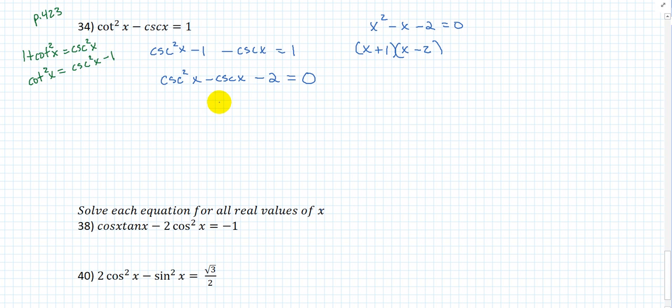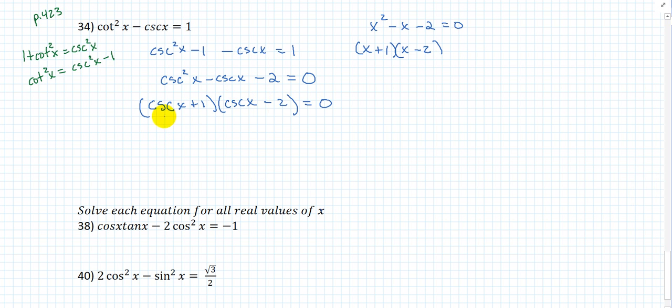So I could come back to my problem and say, well, this is going to factor into cosecant x plus 1, which is now solvable, and cosecant x minus 2, which is also solvable.